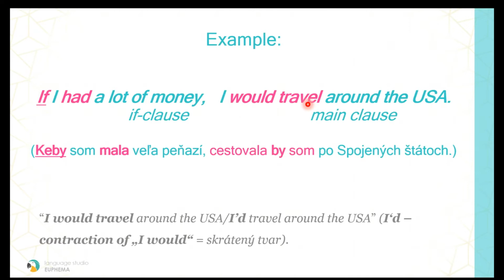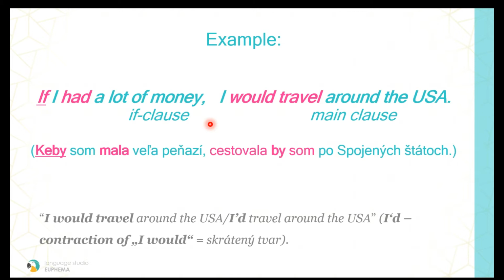Why did I use the second conditional here? Well, it's an imaginary, unreal situation because if I had a lot of money, the truth is that I don't have a lot of money. I don't have enough to travel around the USA. It would be a really pricey, really expensive trip. So I just imagined it. If I had a lot of money, I would travel around the USA. It's just my dream.